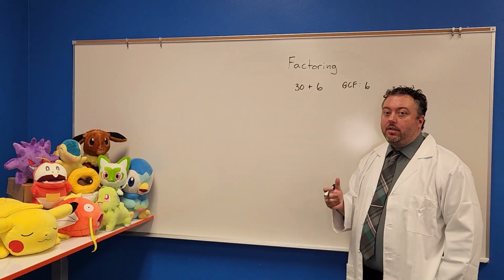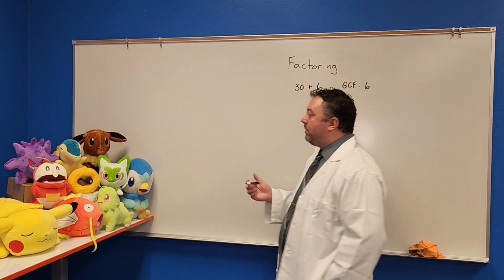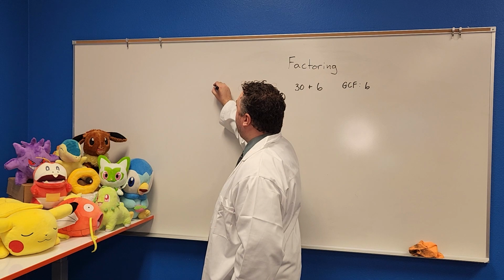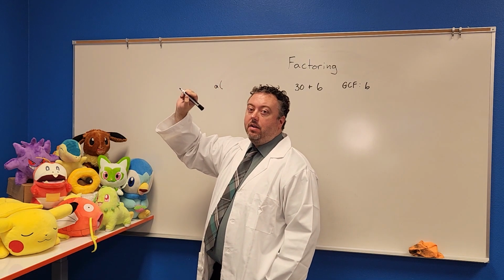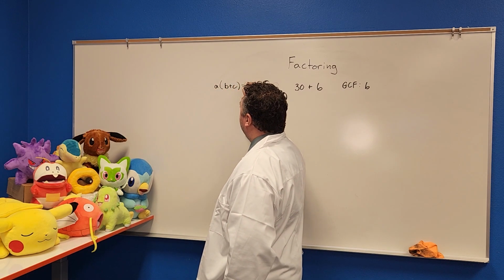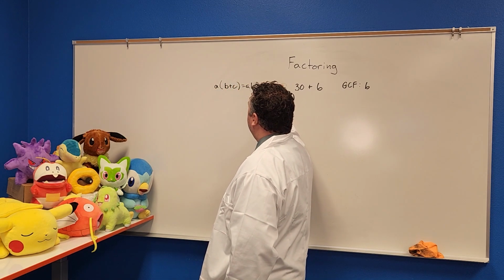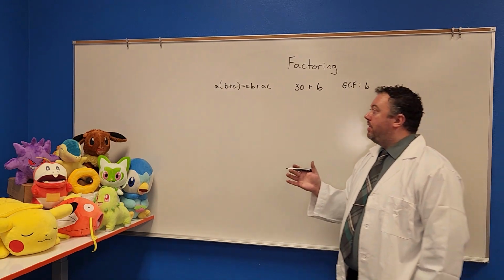So in order to factor, what I want to do is I want to use the distributive property in reverse. So remember, we did the distributive property back when we were simplifying algebraic expressions. And so what we're going to do is we are now going to do this in reverse.